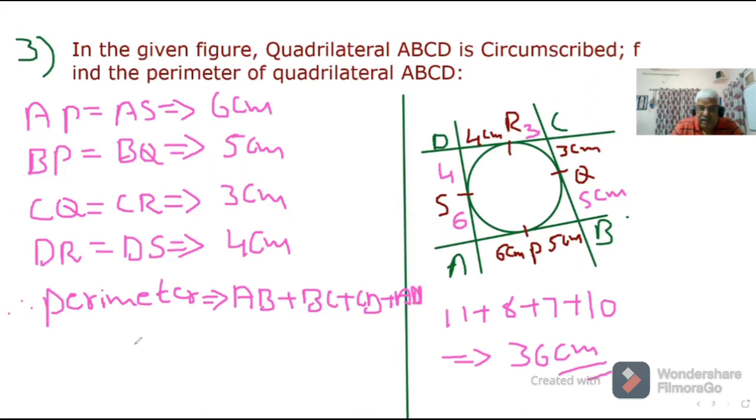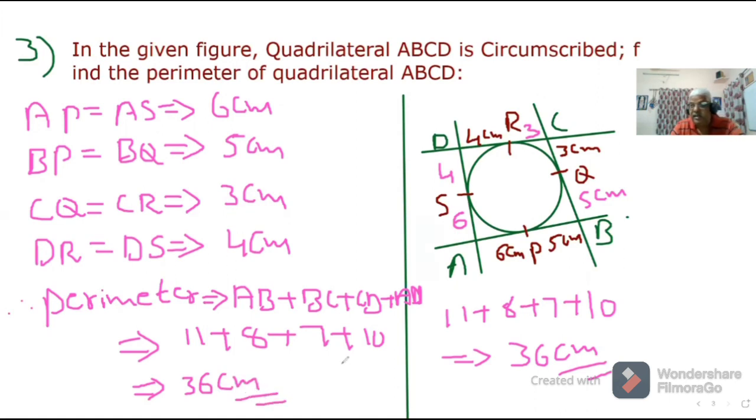Okay, dear friends, now you substitute one by one measurement. AB, what you got, 6 plus 5 is 11, plus 5 plus 3 is 8, plus 4 plus 3 is 7, next 6 plus 4 is 10. Therefore, overall, the perimeter of the quadrilateral here is 36 centimeter. This is your final answer.